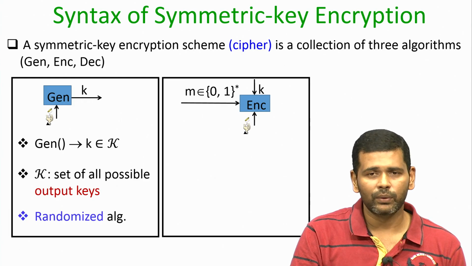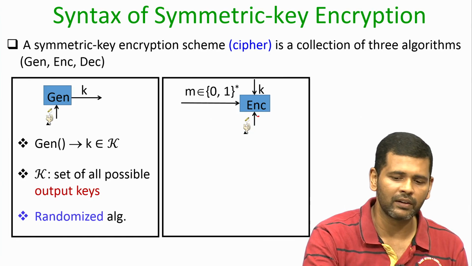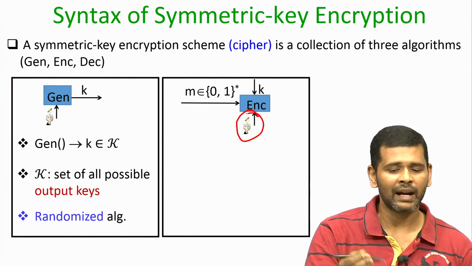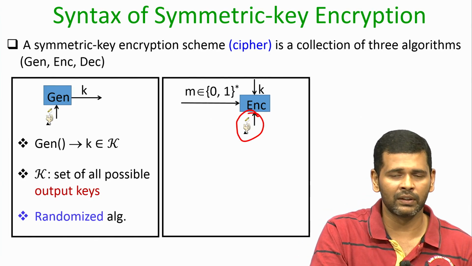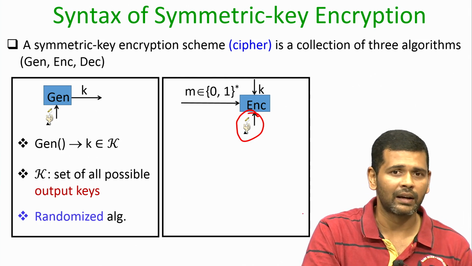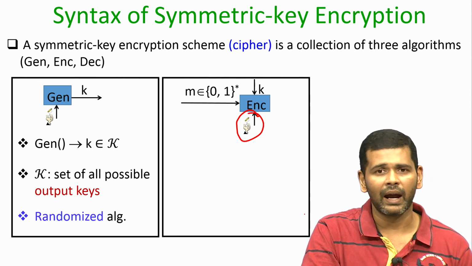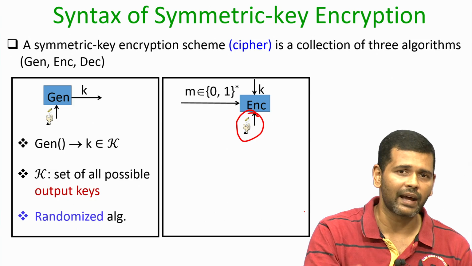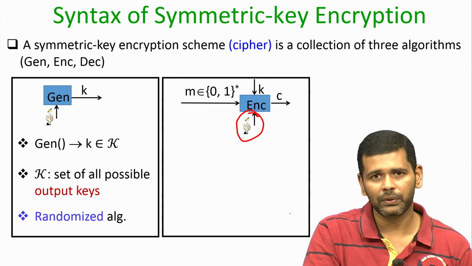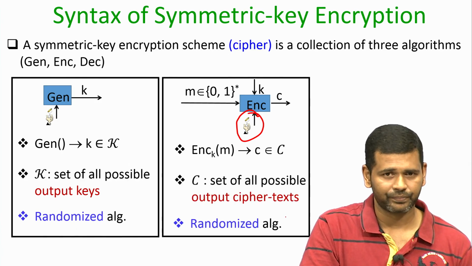And apart from these 2 inputs, it has an internal input, namely the internal random coins or the random bits which are generated as part of this encryption process, and as a result this encryption algorithm is a randomized algorithm. So, based on the message, the key and the random bits which are generated inside the encryption algorithm, the encryption algorithm is going to output a ciphertext denoted as C.